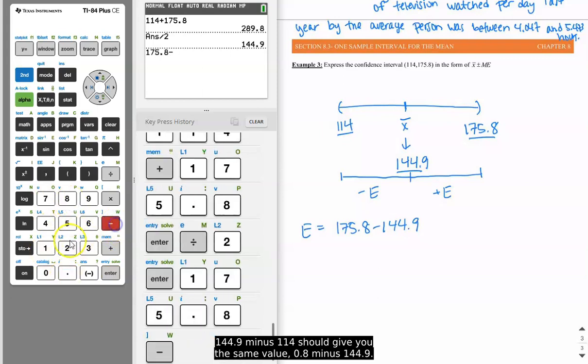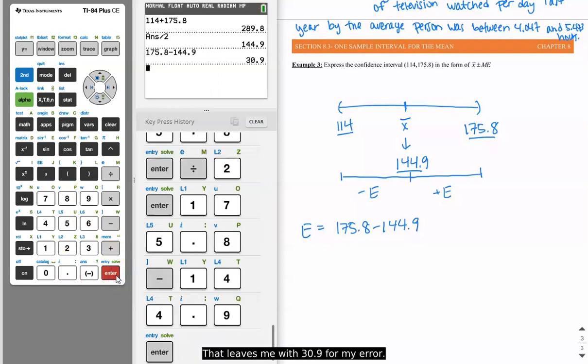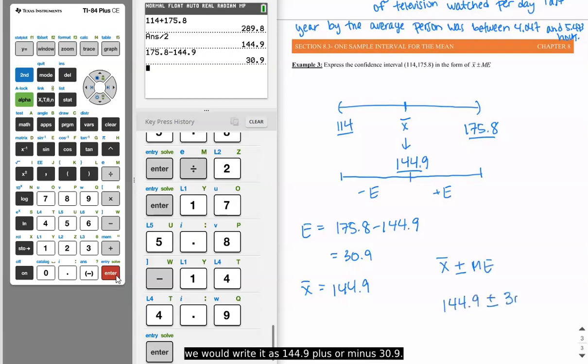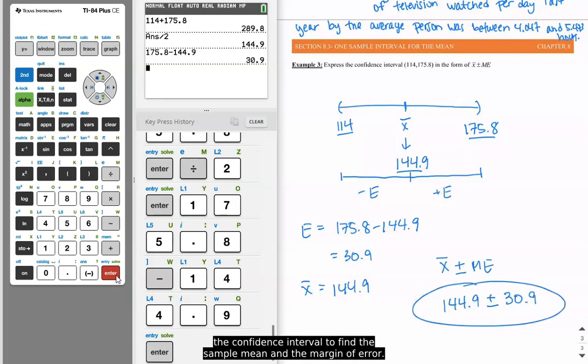And that leaves me with 30.9 for my error. So x bar was 144.9. In the form x bar plus or minus the margin of error, we would write it as 144.9 plus or minus 30.9. And that would be how we could go from a confidence interval to find the sample mean and the margin of error.